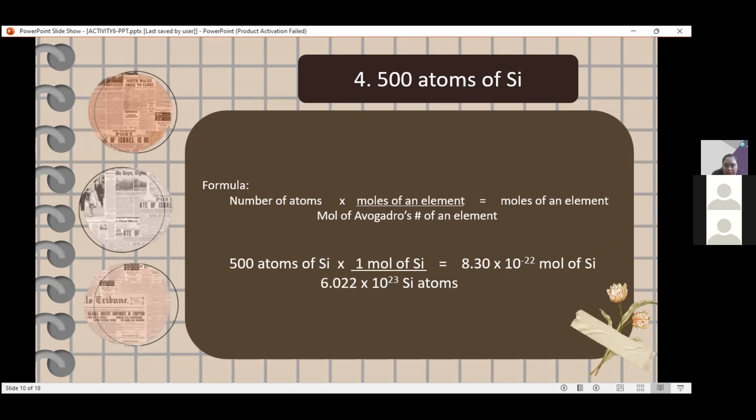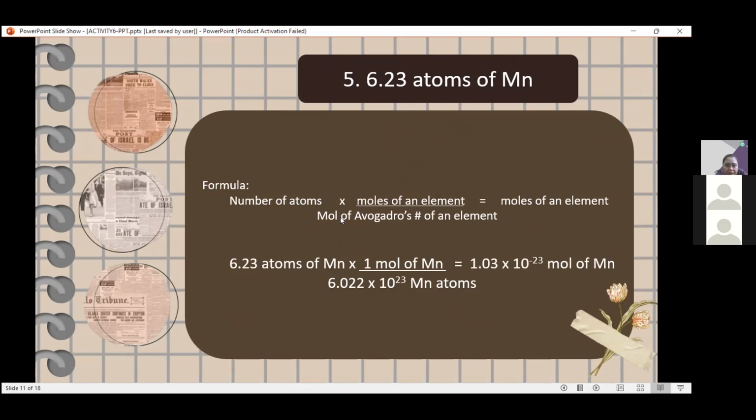And then lastly, for number 5, we have here 6.23. We will really expect a very small number of moles here since masyadong maliit na din yung 6.23 atoms. We cannot even see one atom. 6.23 divided by 6.0221 times 10 raised to the power of 23.